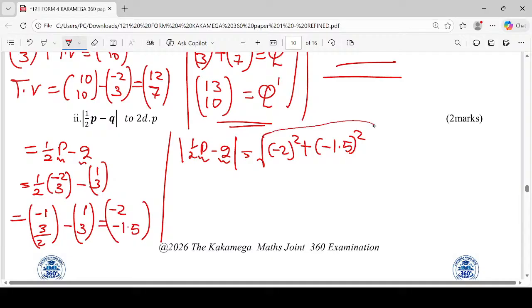So when you take negative 2 squared plus negative 1.5 squared, and you get its square root, that's going to give you 2.5.